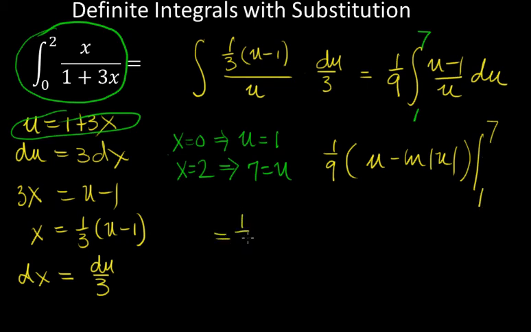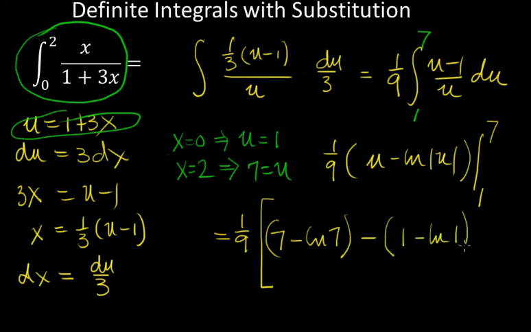So I have 1/9 times, now putting in 7, u equals 7: 7 minus natural log 7, minus 1 minus natural log 1. The natural log of 1 is 0.